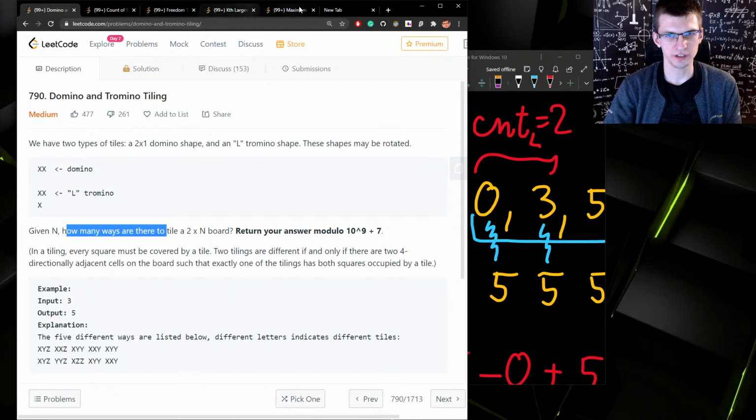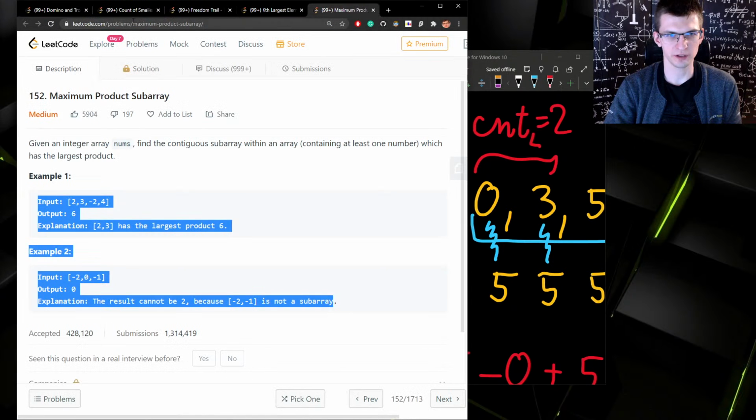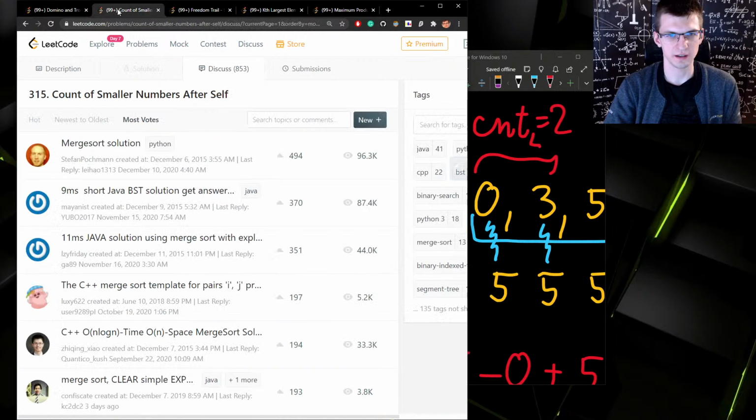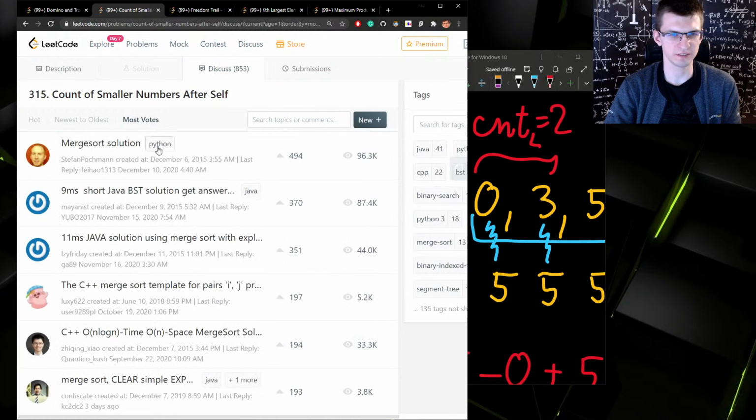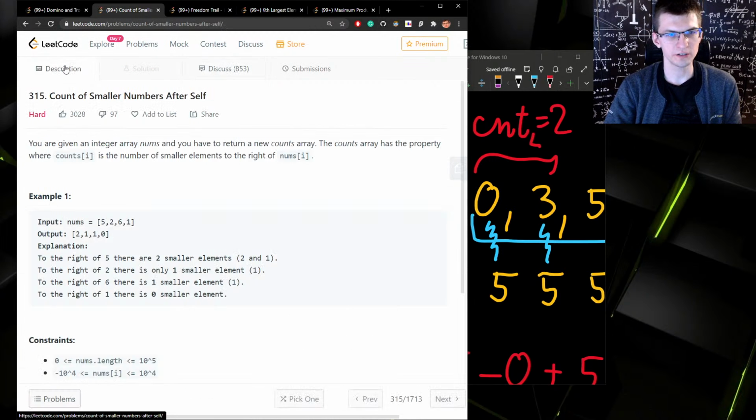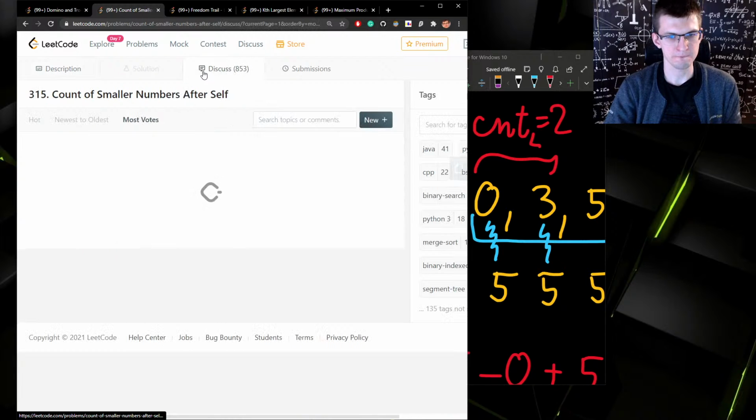I will go through these that I already opened before because they were suggested earlier. The segment tree or trie, same stuff. Oh, merge sort solution, right. All right.